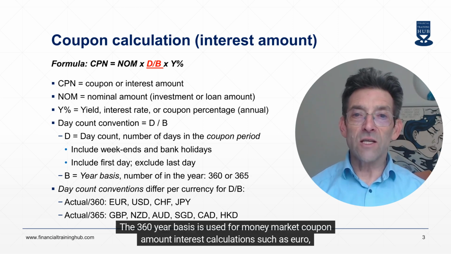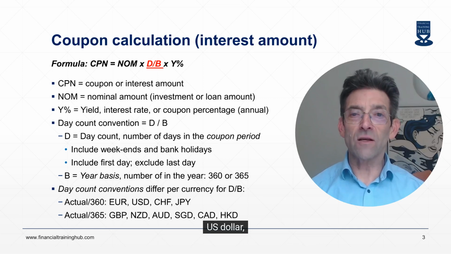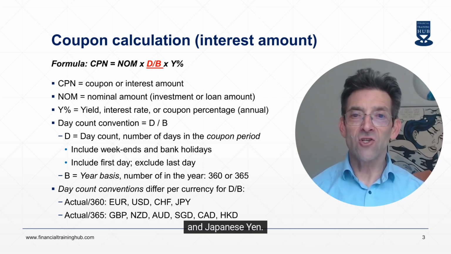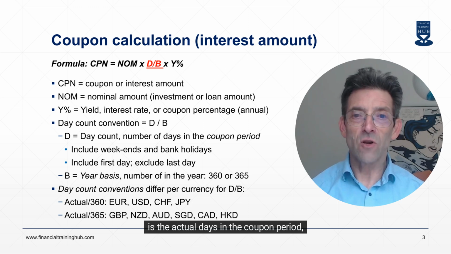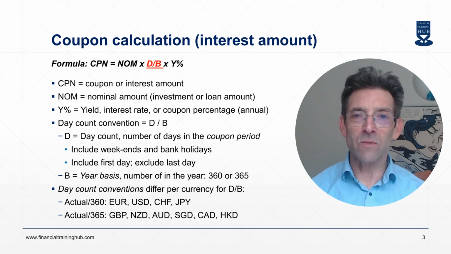The 360 year basis is used for money market coupon amount interest calculations such as Euro, US dollar, Swiss franc, and Japanese yen. The day count convention for these currencies is the actual days in the coupon period divided by 360 days for the year basis.